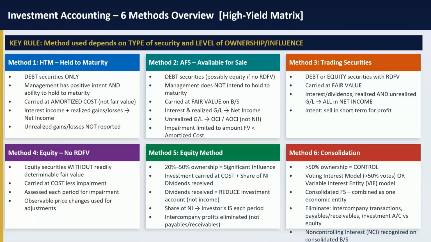You purchase the AFS security for 10,000. Now, if you sell it in the market, you can sell only for 5,000. You have a loss, right? That is impairment. If the fair value is lesser than the amortized cost, then it is impaired. Impairment, you will be writing it down in the income statement. Okay. So this is for AFS securities.